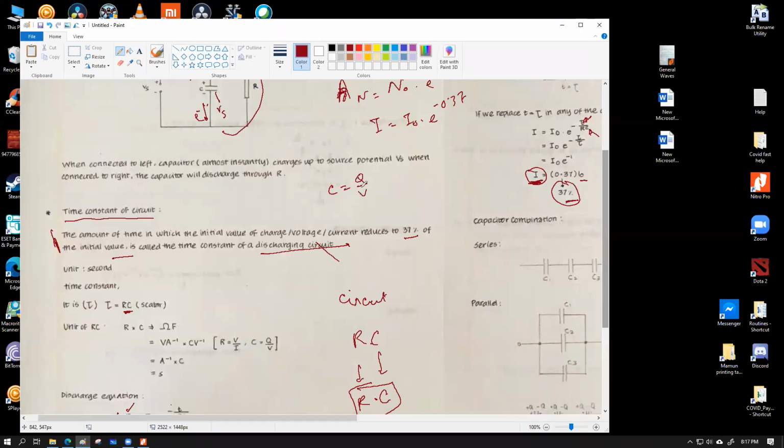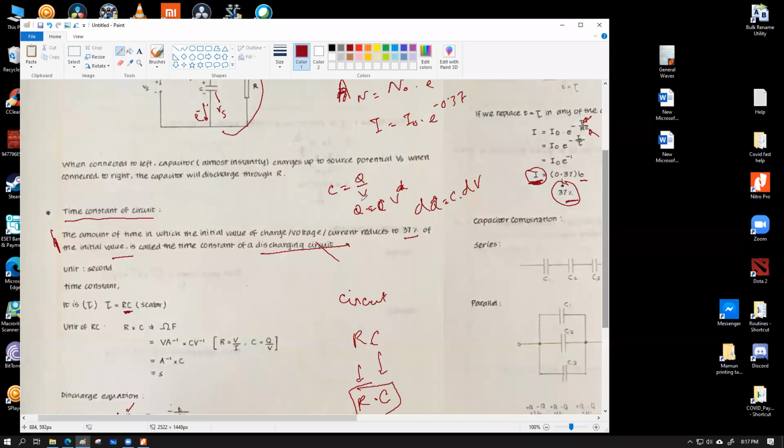There was some derivation for this: Q equals CV, so we could also write dQ equals C times dV.